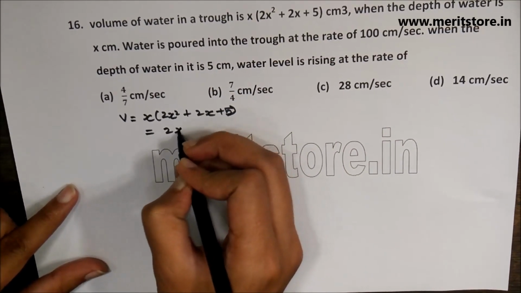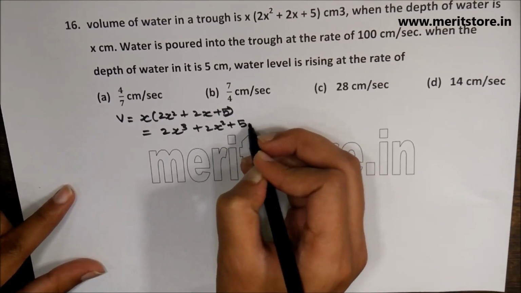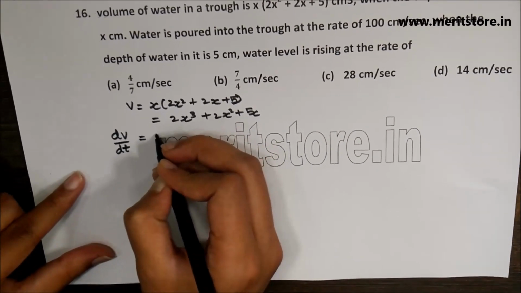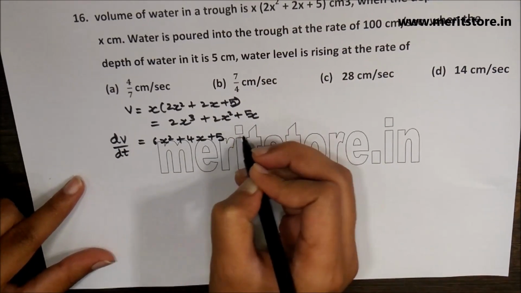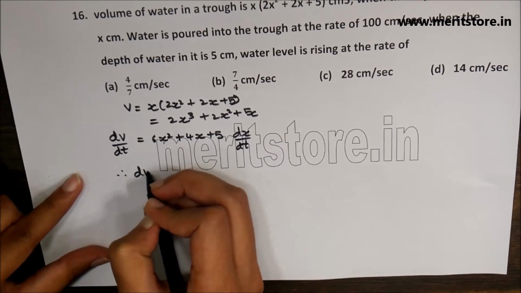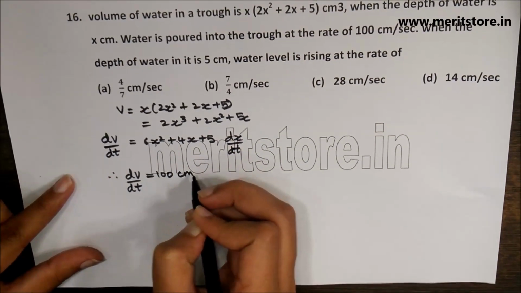We can write this as 2x cube plus 2x square plus 5x. Differentiating this with respect to t, we get dv by dt equal to 6x square plus 4x plus 5 times dx by dt. Therefore dv by dt is equal to 100 centimeter cube per second.